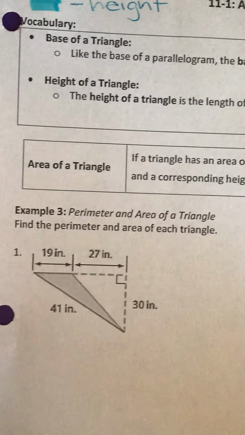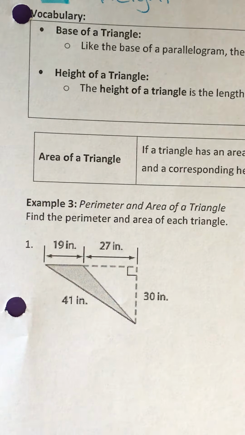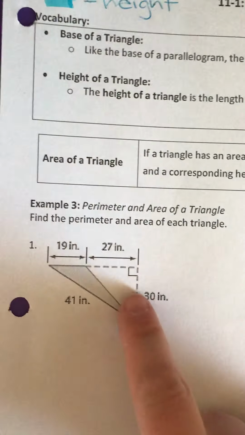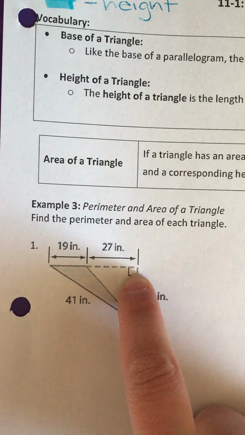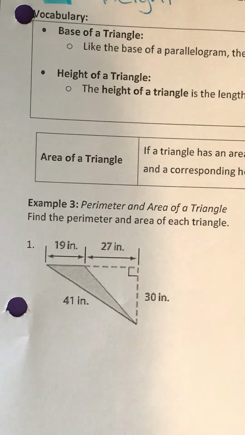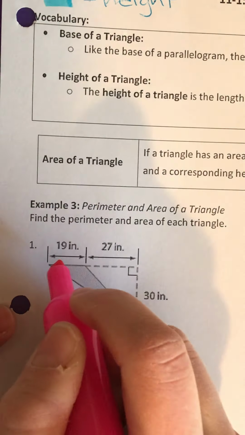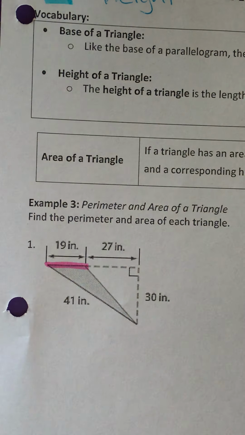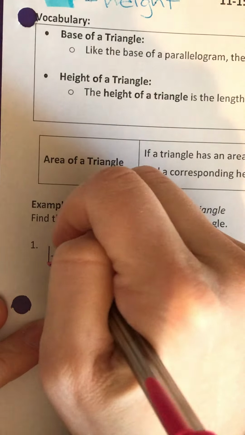So let's take a look at our first problem. Even though this problem is kind of upside down, that right angle there is going to identify my base and my height. So this 19 inches, even though it's on the top, is going to be my base. I'm going to label it B for base.